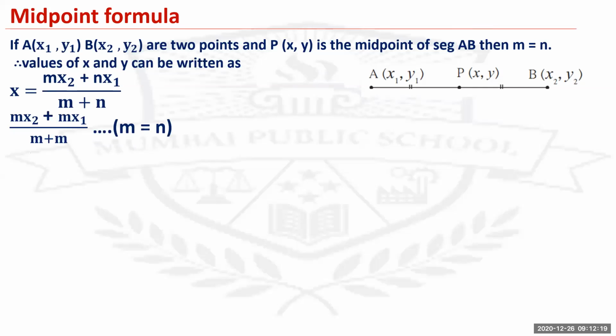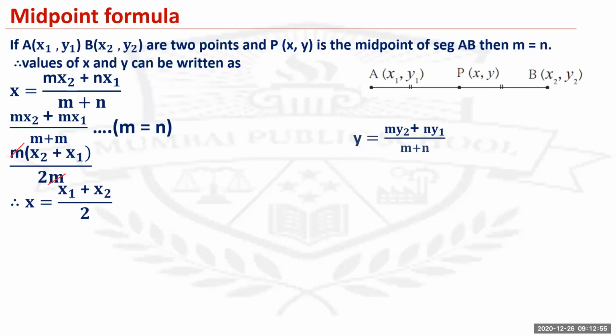So in place of n, you'll substitute m. So you'll get m times x2 plus x1 upon 2m. The m in the numerator and in the denominator will get cancelled. So the value of x is x1 plus x2 upon 2.